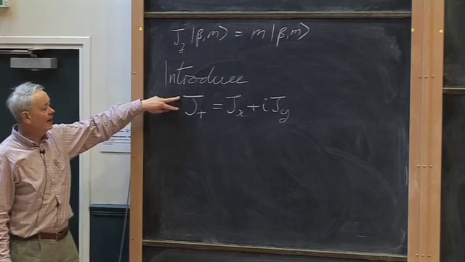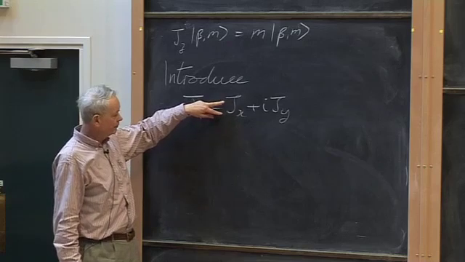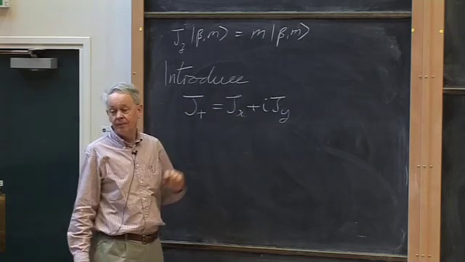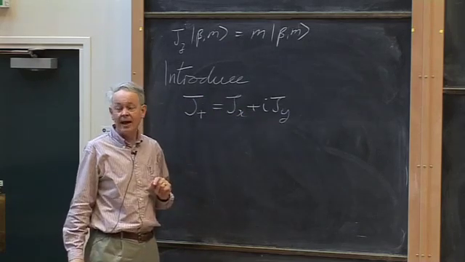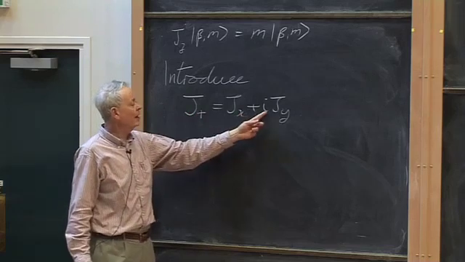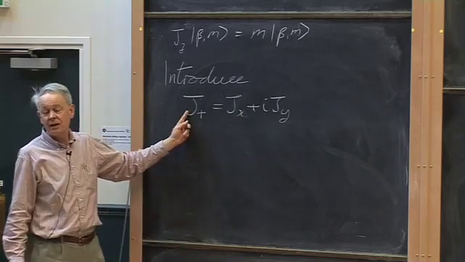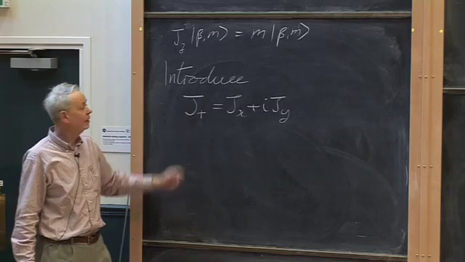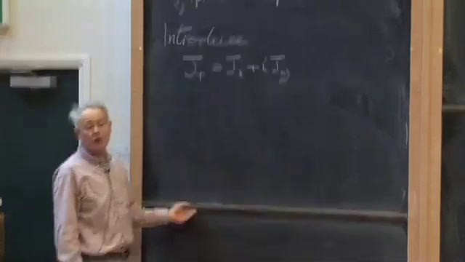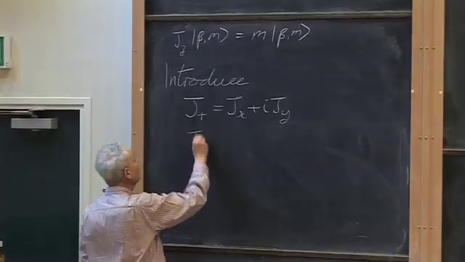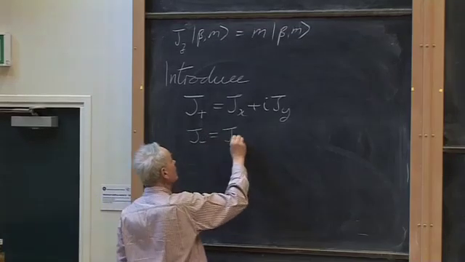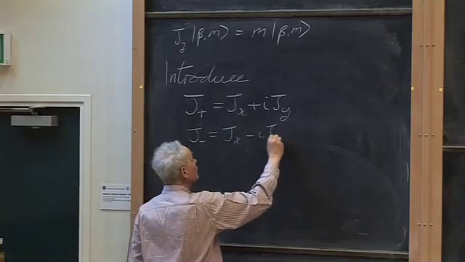We said that A was equal to X plus iP. Similar game. Because of this i, this is not Hermitian. It's not an observable. It's a tool of the trade. And correspondingly, needless to say, we have J minus, which is equal to Jx minus i Jy.